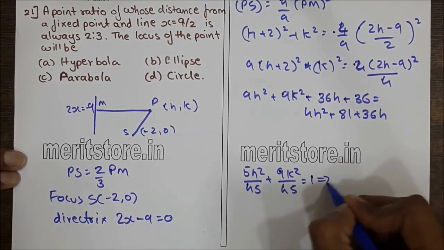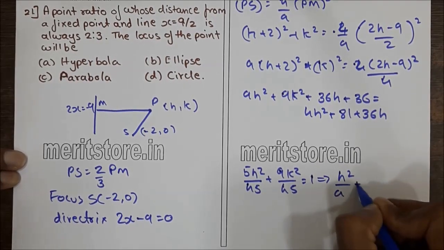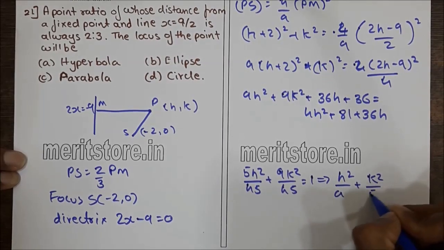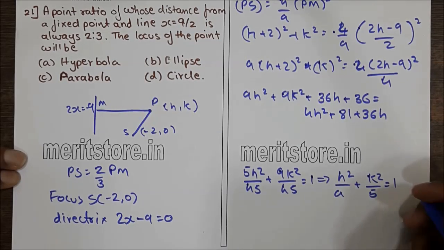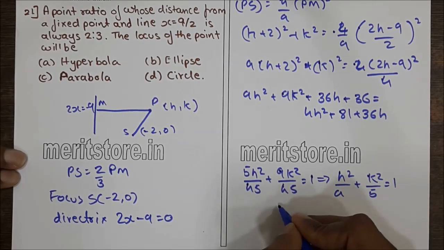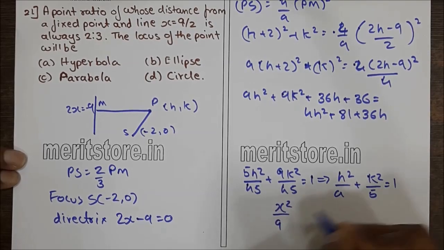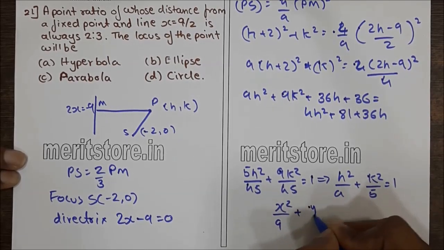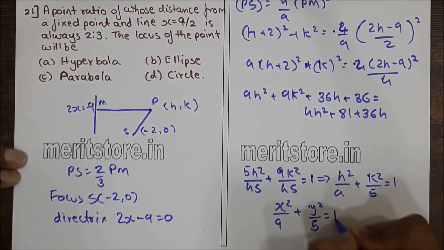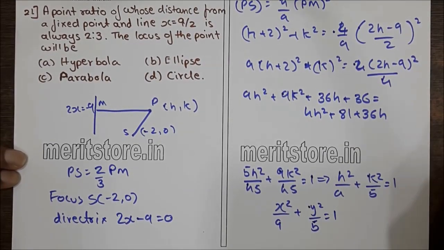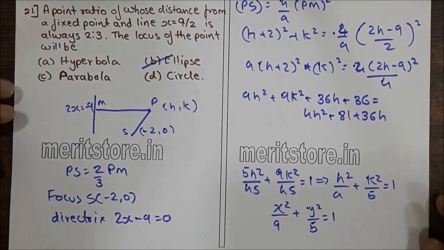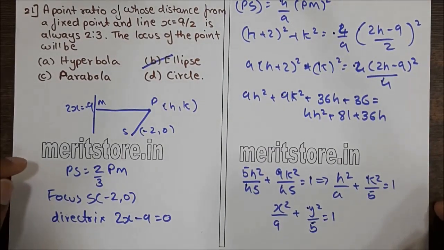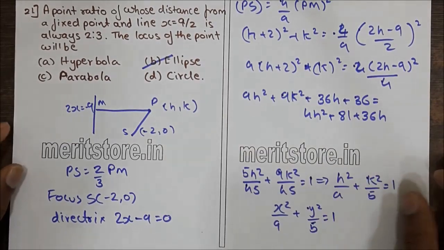Further solving this, we get h²/9 + k²/5 = 1. So the locus of point P(h, k), substituting h, k back as x and y, we get x²/9 + y²/5 = 1, which is an ellipse, which is our option B. If you see the equation we got as ellipse, so option B is the correct answer.